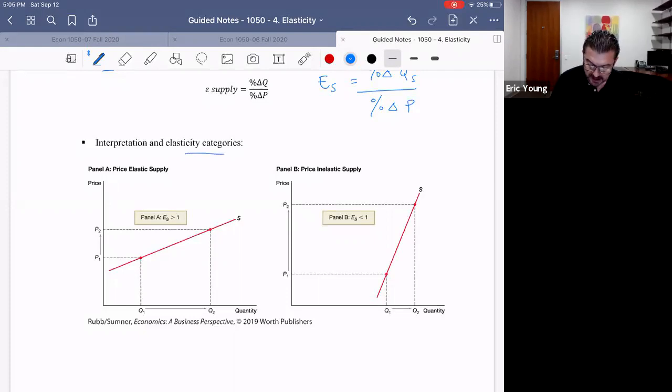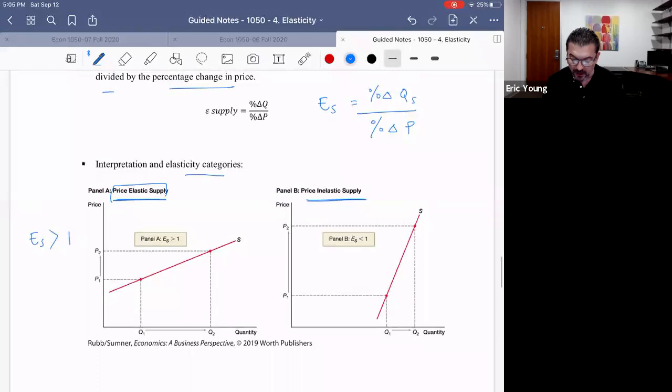So in terms of our elasticity categories, we can broadly say that we're going to have price elastic supply and price inelastic supply. And you can see here that with price elastic supply, first big thing, our coefficient, ES, is greater than 1. That implies that this is a very responsive measurement, that a change in price is going to have a greater than proportionate impact on the amount that is supplied. And you can see here that we're going to have a relatively flat slope.